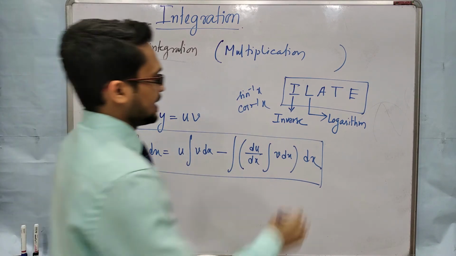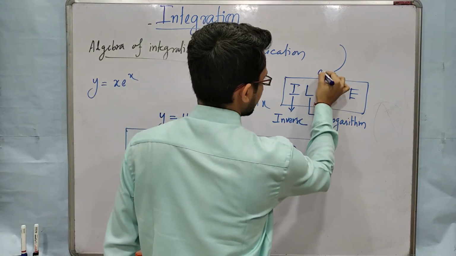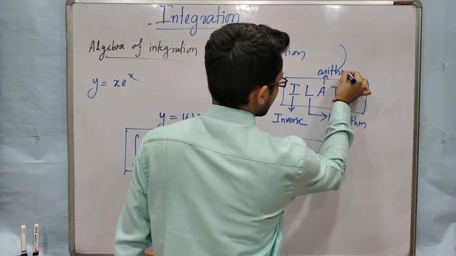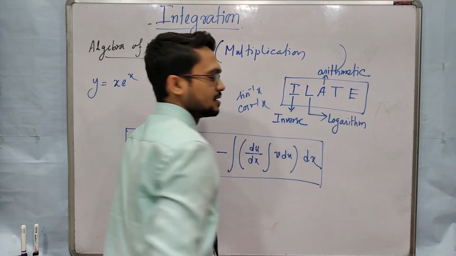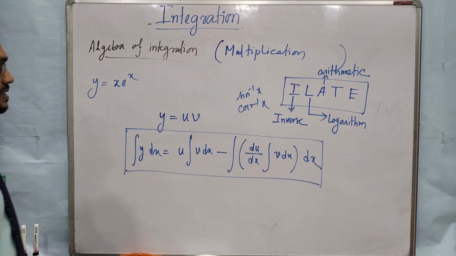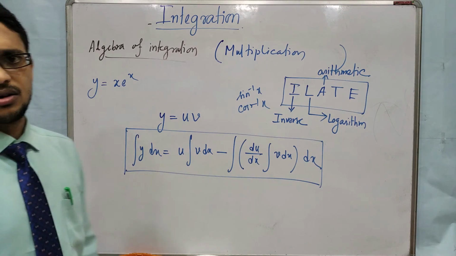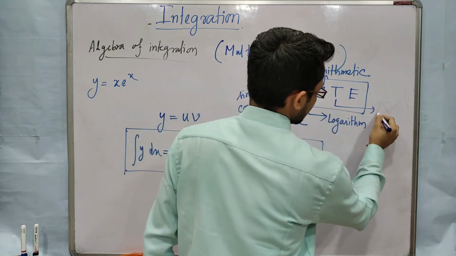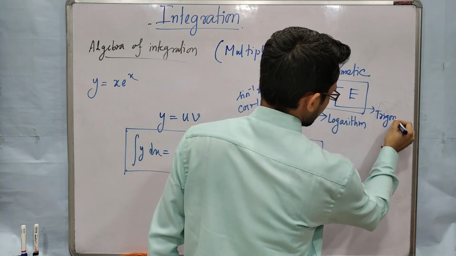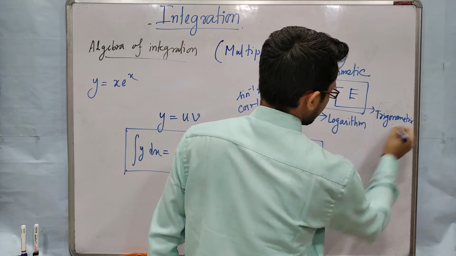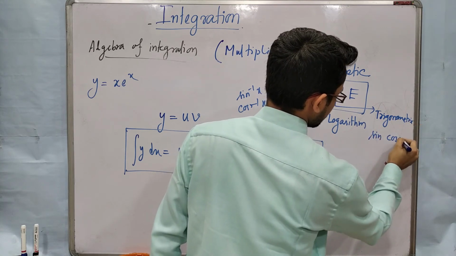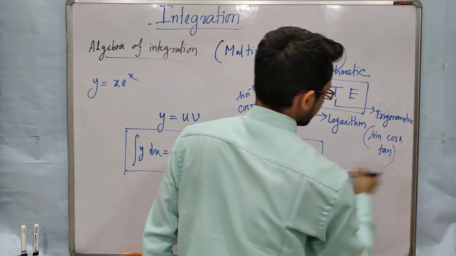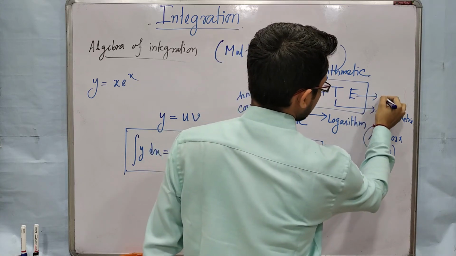Okay, A means algebraic. Algebraic means arithmetic function, x square or 1 2 3 whatever, those are algebraic. T is trigonometric, means sine, cos, tan, these are trigonometric functions. And at the end E is exponential.